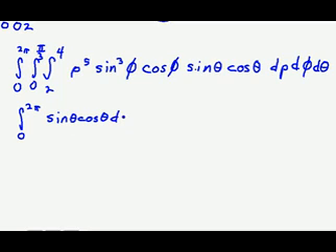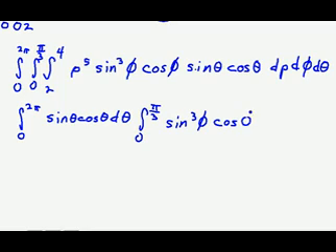And then the integral from 0 to pi thirds, the one with functions of phi, of sine cubed phi, cosine phi, d phi. And then times the integral from 2 to 4 of rho to the 5th d rho.